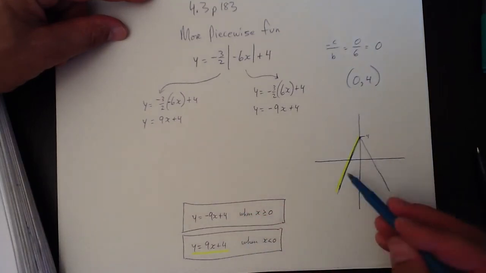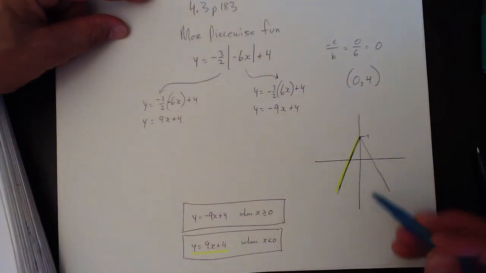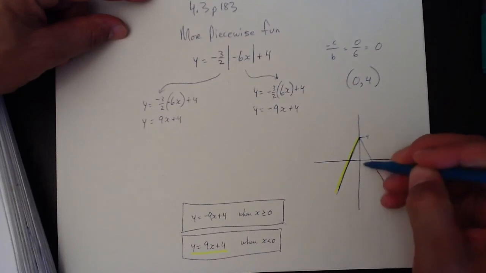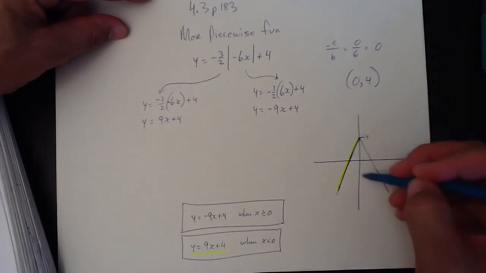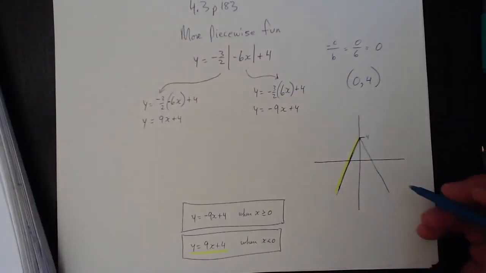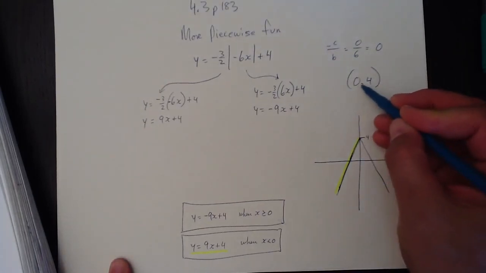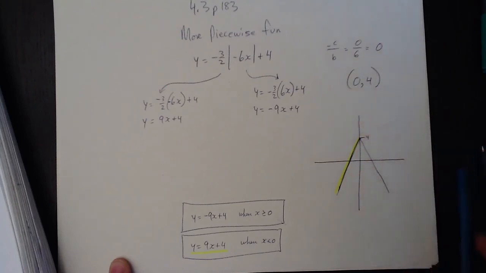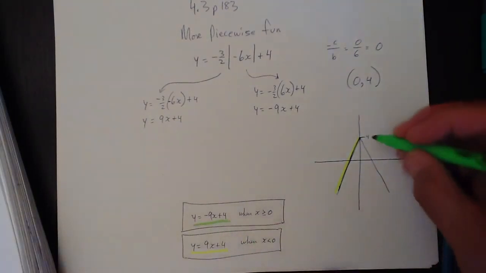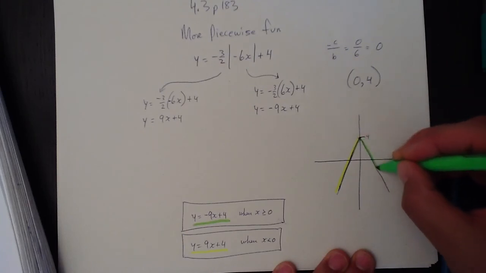Remember, these lines are pretty much always going to be symmetric, and they're always going to reflect over some vertical line, x equals something or other, whatever the vertex is. We know that the vertex is 0, so we found it pretty easy to graph that. So that's what goes there, and that's what goes there.